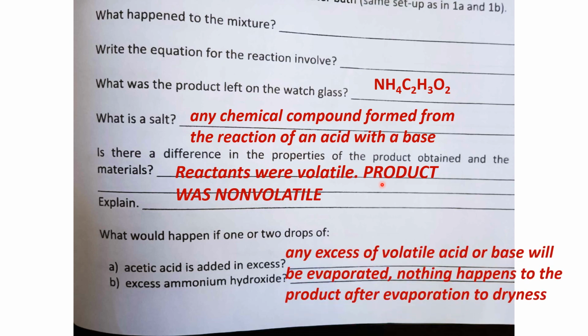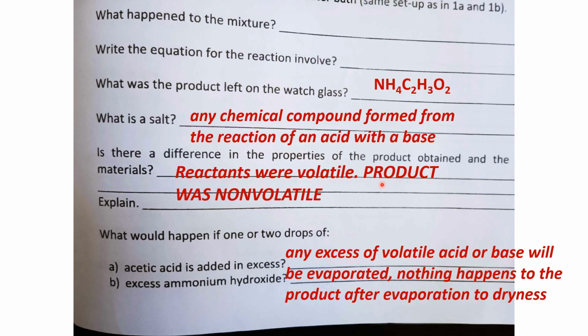Now, what would happen if 1 or 2 drops of acetic acid is added in excess, or 1 to 2 drops of ammonium hydroxide is added in excess? Knowing that they are volatile, any excess of the volatile acid or base will be evaporated after heating, after evaporating to dryness.